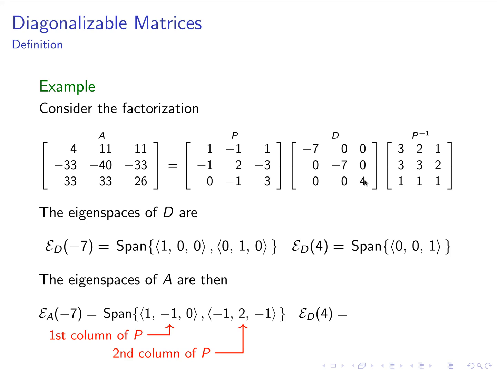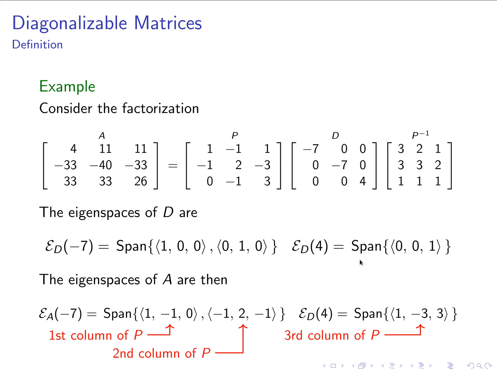To find a basis for its eigenspace, we look at the basis vector for the eigenspace of D where lambda equals 4, and we multiply it by our matrix P. When we multiply the vector 0, 0, 1 by P, all we're really doing is plucking out the third column, which is the vector 1, -3, 3. So for our last eigenspace, we can choose a basis vector to be the third column of P.